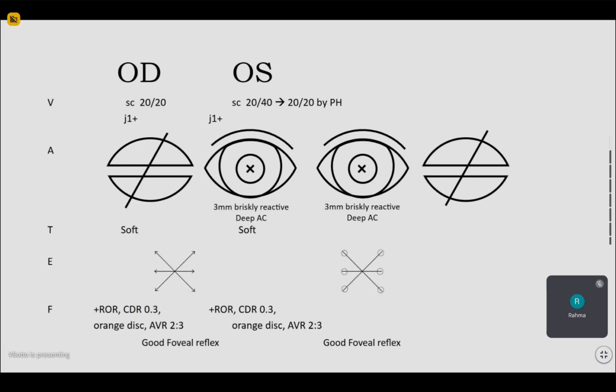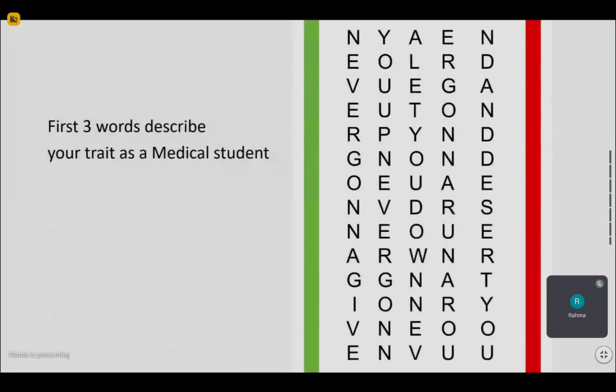You also draw the extraocular motility function of the patient by checking the patient's gazes, checking for any limitations or overactions. And then lastly, your fundus: check for presence of ROR, the clarity of the media, the disc borders, the AV ratio, the cup to disc ratio, the presence of hemorrhage or exudates, and the foveal reflex.